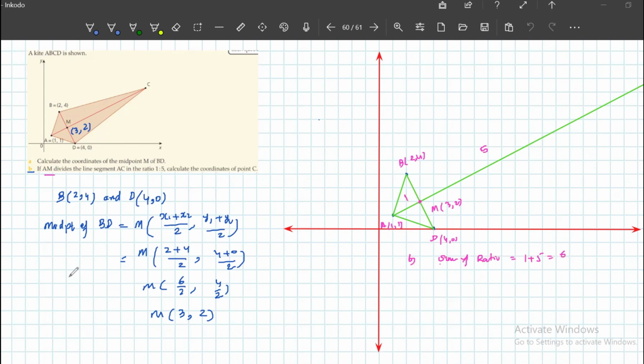The x coordinate of the C point is unknown; let's suppose C is a comma b. Remember that from A to M, the movement is 2 units right and 1 unit up. Yes, A to M gives us one part.